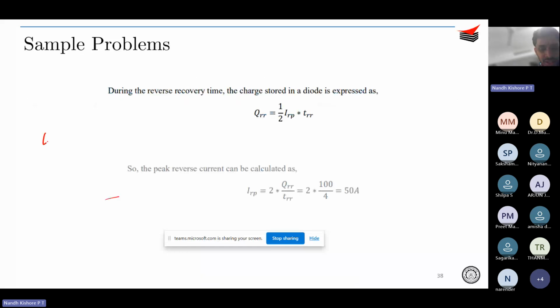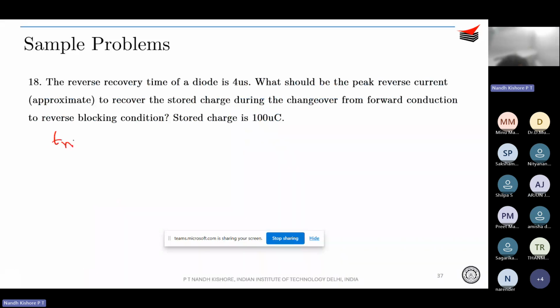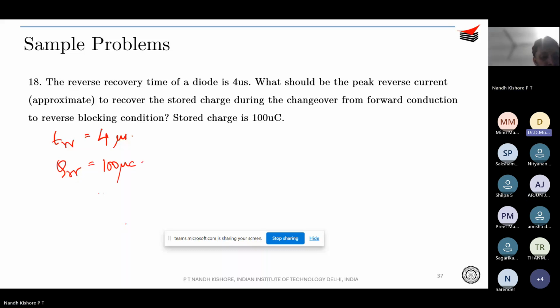So TRR is given as 4 microsecond and QRR is 100 microcoulomb. Okay. What should be the peak reverse recovery current? IRR peak should be how much?